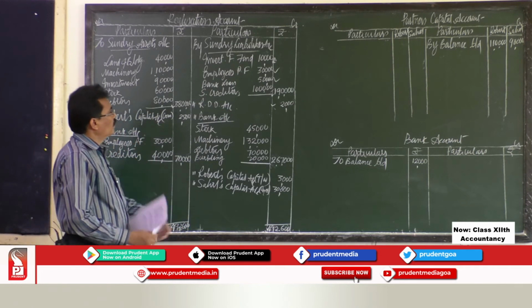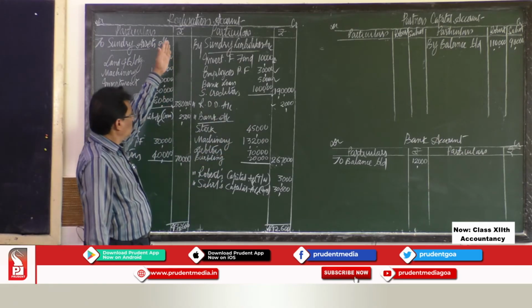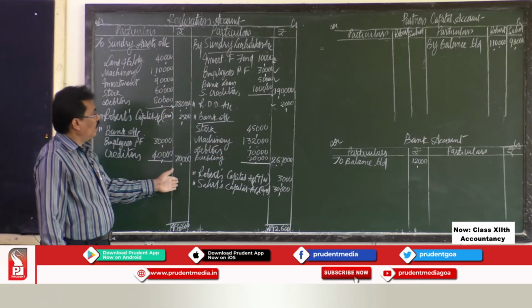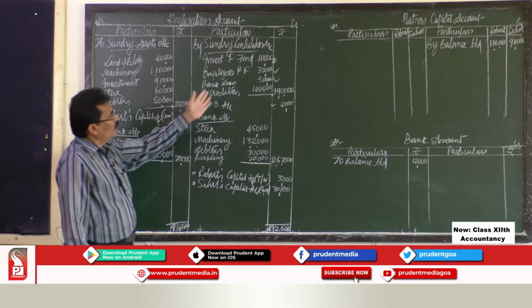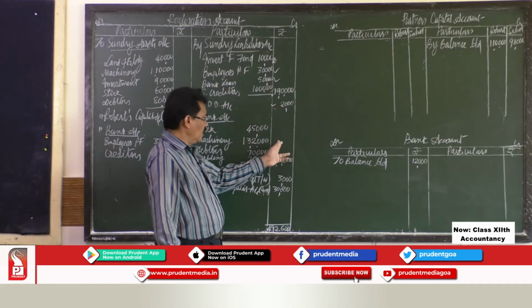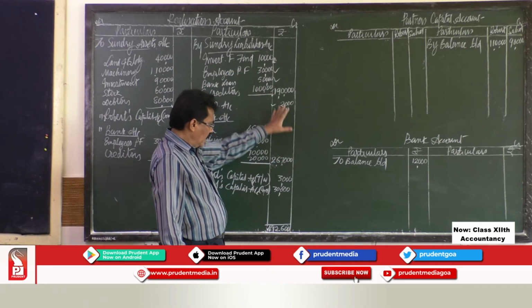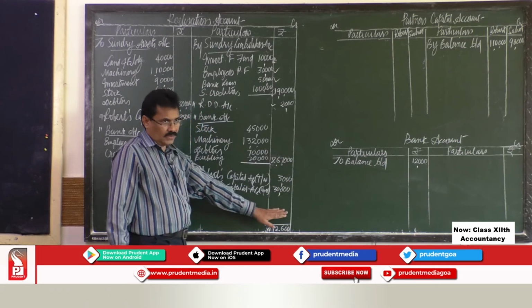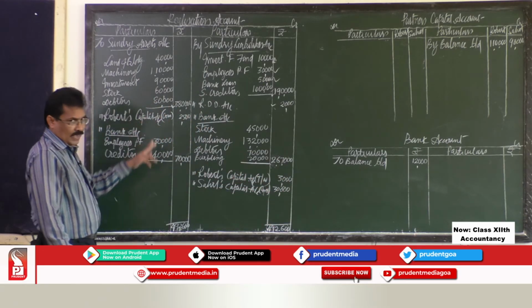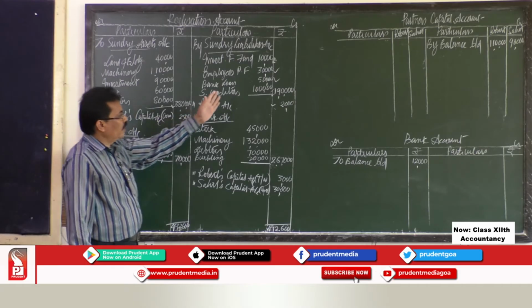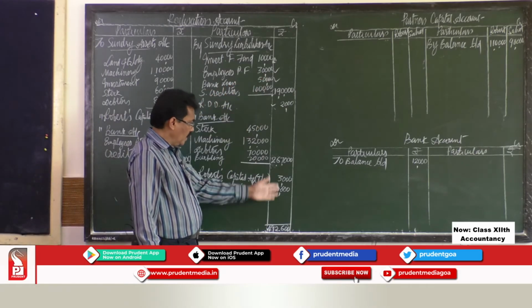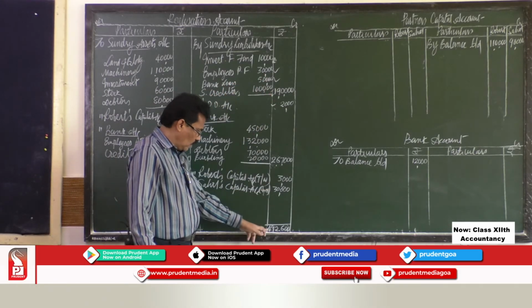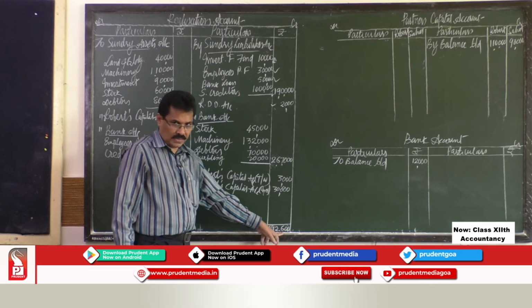We compared the total of the debit side of the realization account with the total of the credit side. On the credit side, the total is more than the debit side total. So the credit side total comes to 4,92,600.